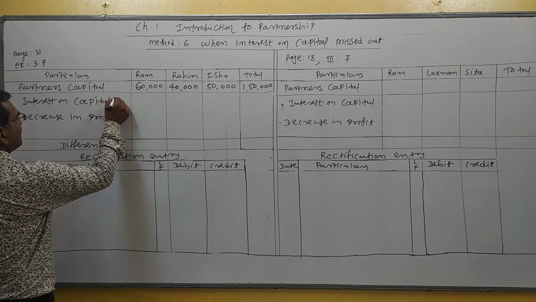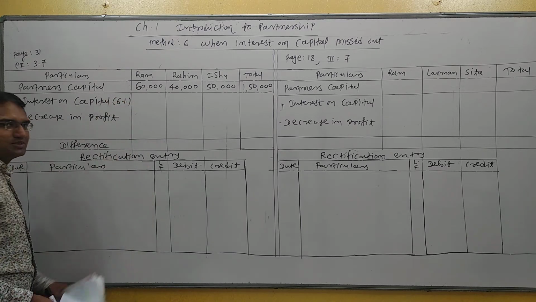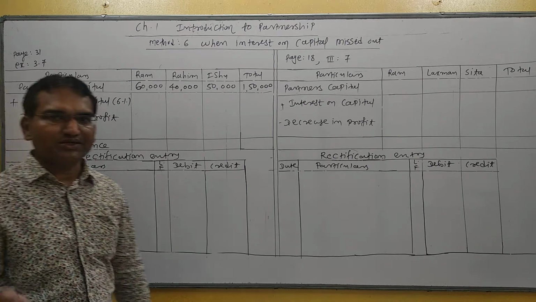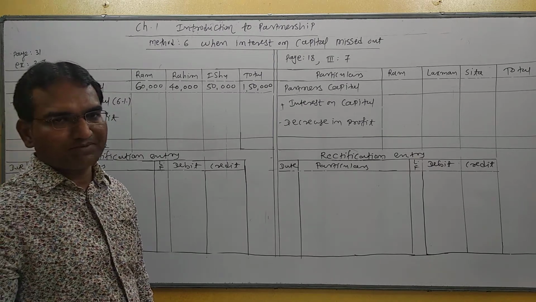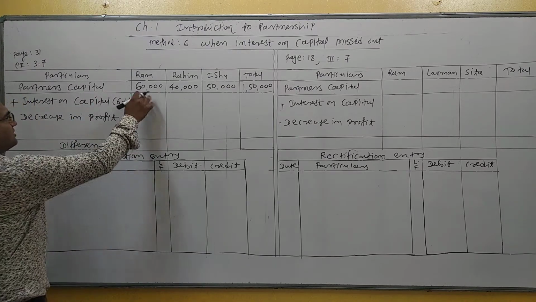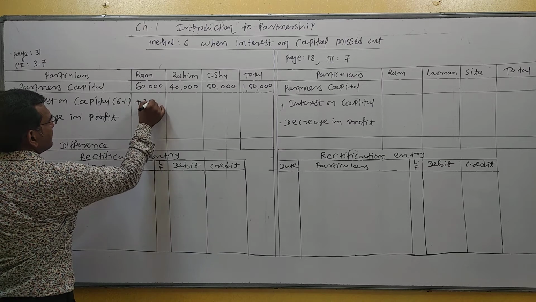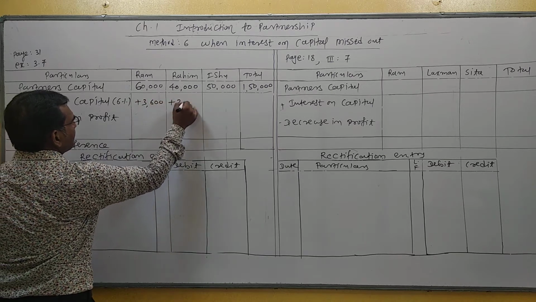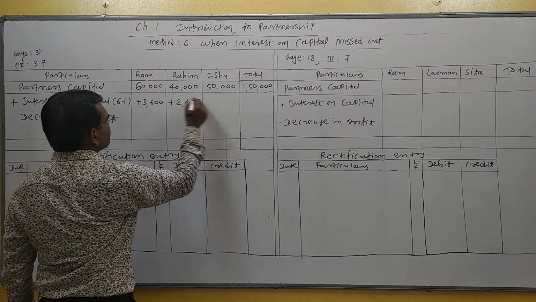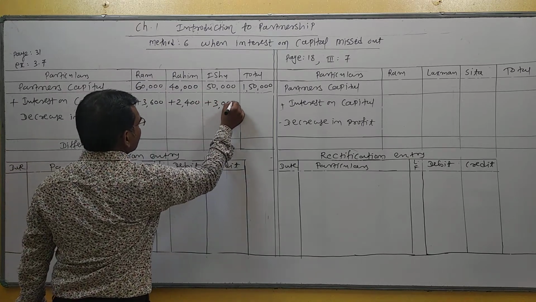So here interest on capital is calculated at 6%, and it has a plus sign. Why is it a plus sign? The interest on capital is added into the capital. Add means capital increases. So 60,000 at 6% is 3,600, 40,000 at 6% is 2,400, and 50,000 at 6% is 3,000.